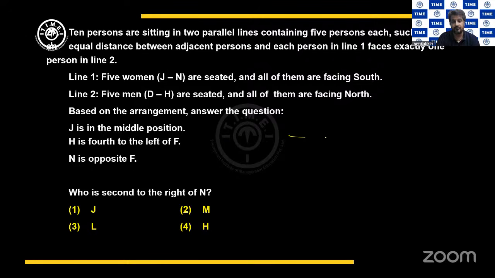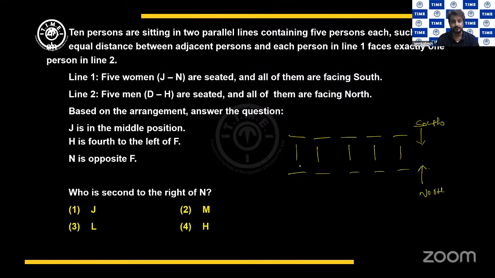Okay. 1, 2, 3, 4, 5. 1, 2, 3, 4, 5. So this row of people are facing south, and this row of people are facing north. North and south. And each person in one row faces exactly one person in the other row.